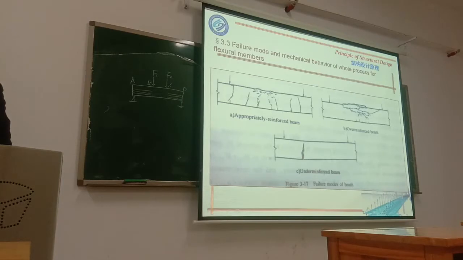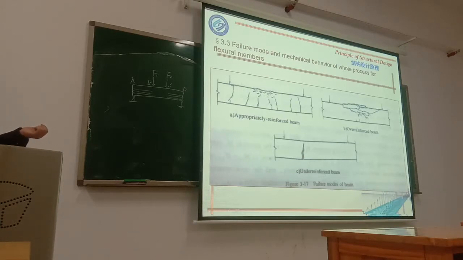That means the reinforcement in this beam is calculated, not just put in by experience. It's according to the calculation of the force, and then the failure is like this. The vertical crack appears, the steel reaches its yield strength, and the concrete reaches its compression strength. This happens at the same time.